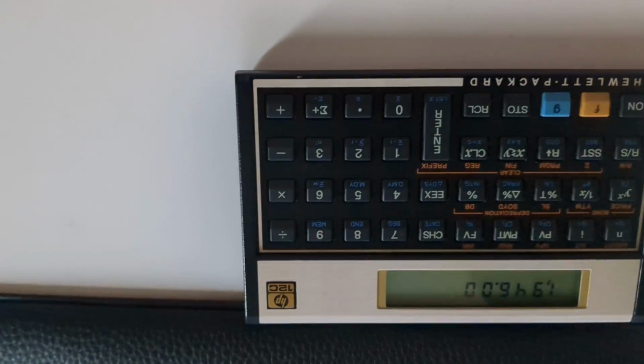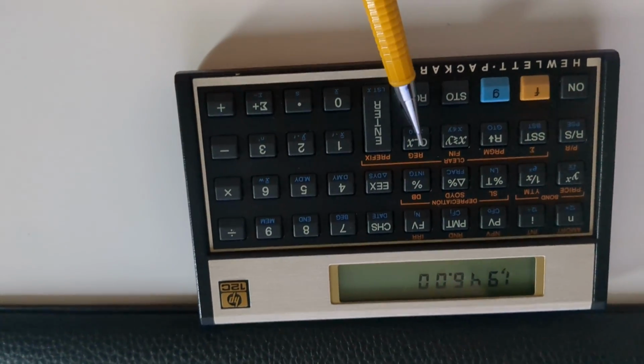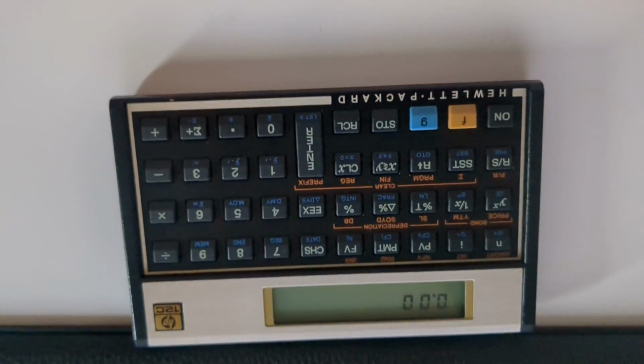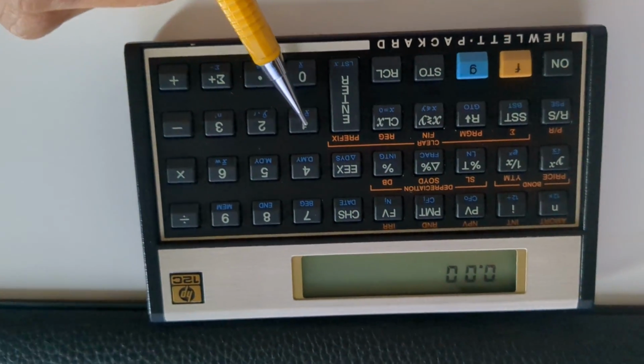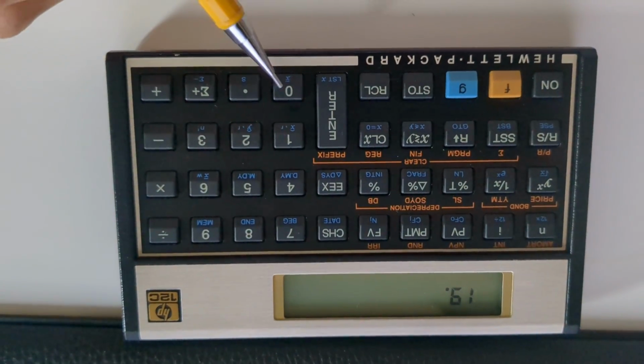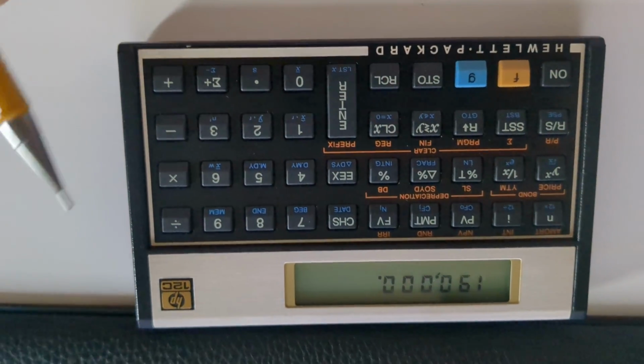So let's try that on here. The calculator makes it really easy to do this versus doing it by hand. And this is how we're gonna do this. Okay, I entered clear, 190,000. So that's 190K.